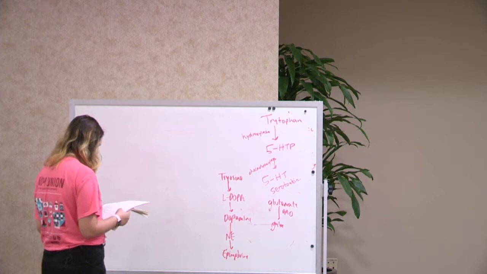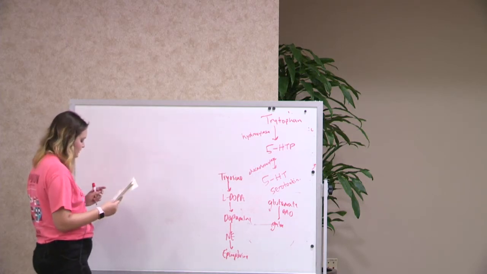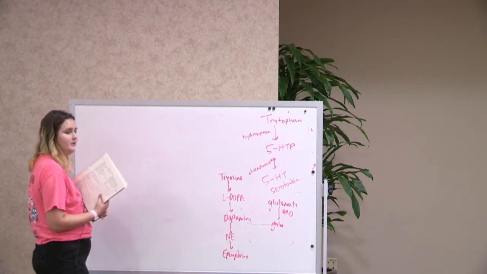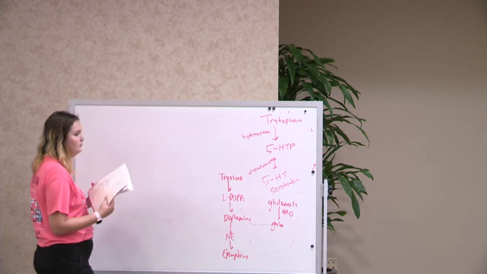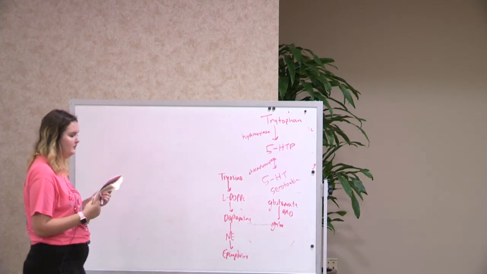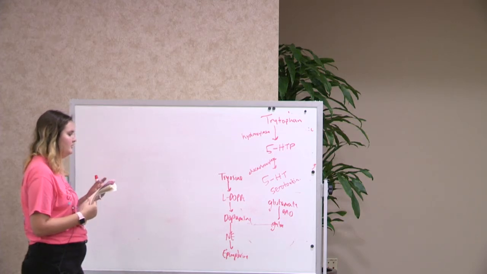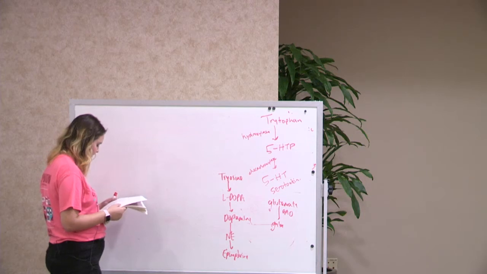So some of the main divisions of our CNS are our cerebrum, our cerebellum, and our brainstem. Our cerebellum is for movement coordination. Our cerebrum is for thought processing, and then our brainstem is for everything else, basically.